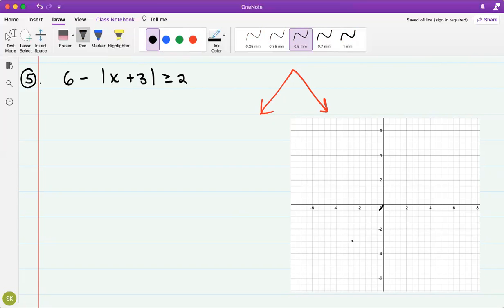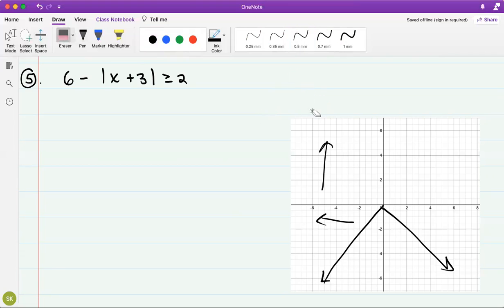So we're going to take the absolute value, we're going to flip it upside down. Then you have this plus 3. So you can shift the graph to the left 3. And then you have this 6 on the outside and you move it up 6. So that's how you could graph this function.